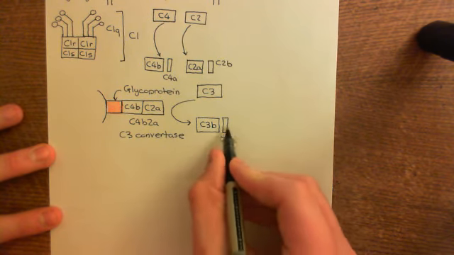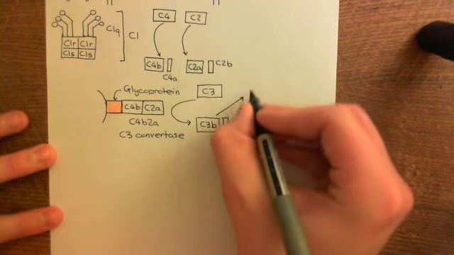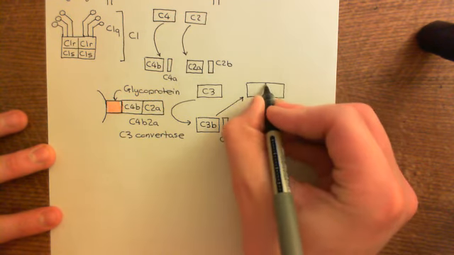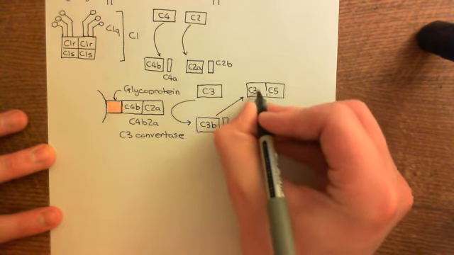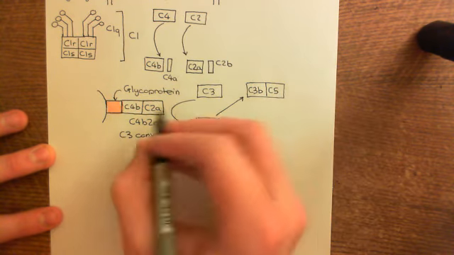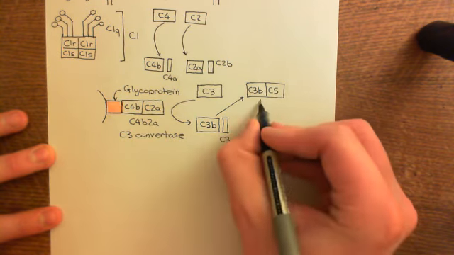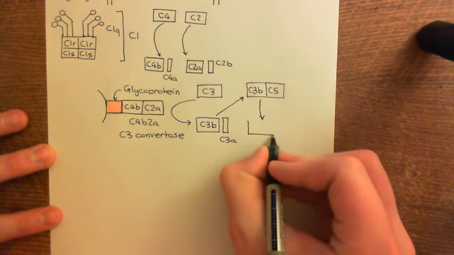This is going to be very, very important. But C3b is then going to bind to another complement protein. I'll show this over here. It's going to bind to C5, like so. And once you've bound C3b to C5, this C4b-C2a complex can then act on the C3b-C5 complex and break it down into three pieces.